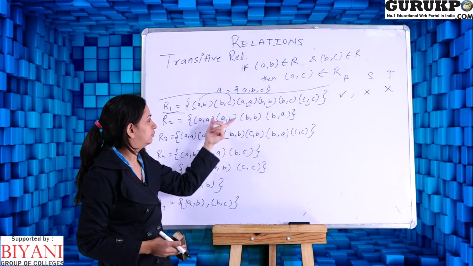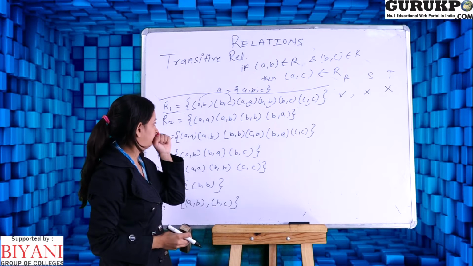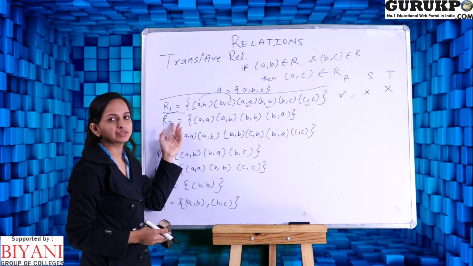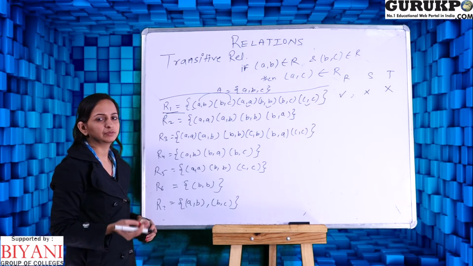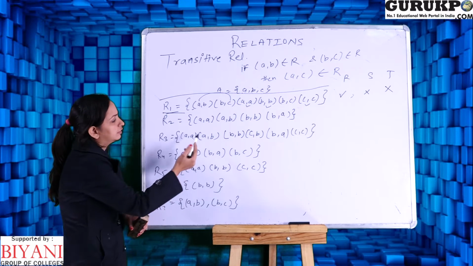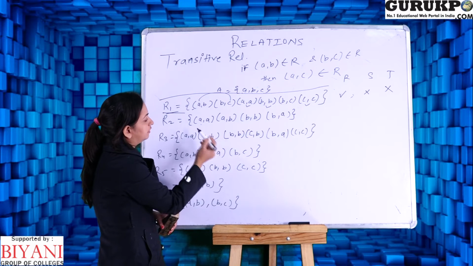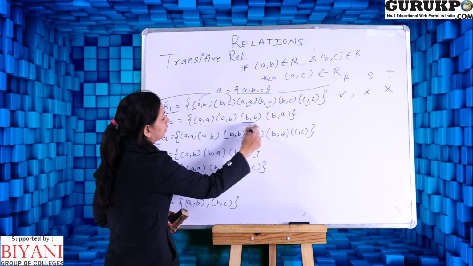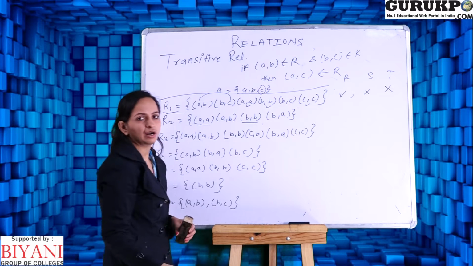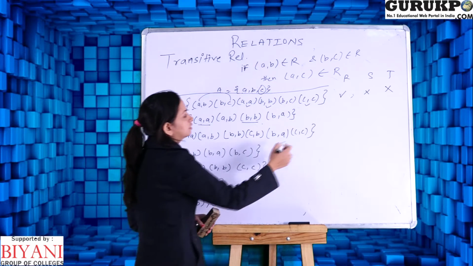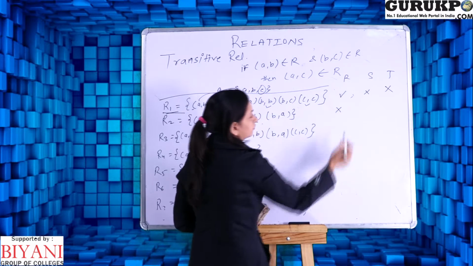Okay, let's move to another example. This is my second set of relation R2. In this we have to check all three conditions: reflexive, symmetric and transitive. For the reflexive condition, AA belongs to R, BB belongs to R, but CC does not belong to R2. So this is not reflexive.